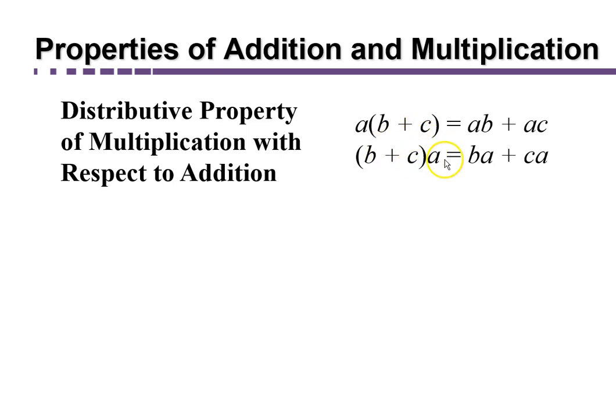A times B is BA. A times C is CA. And keep in mind you could switch these around through the commutative principle.